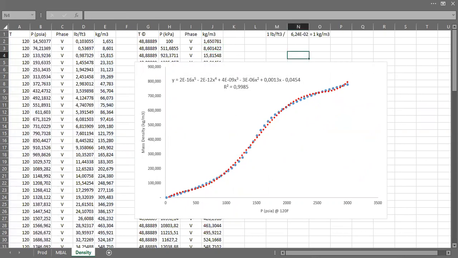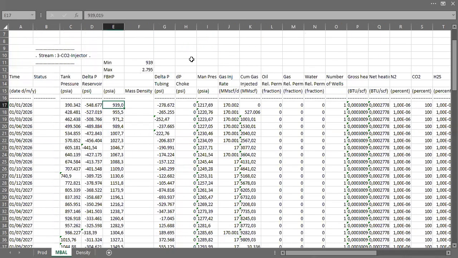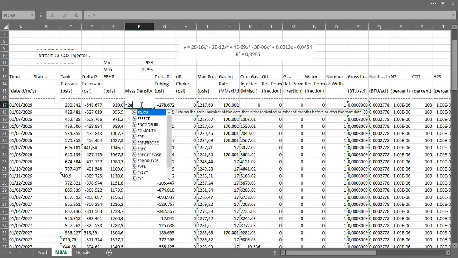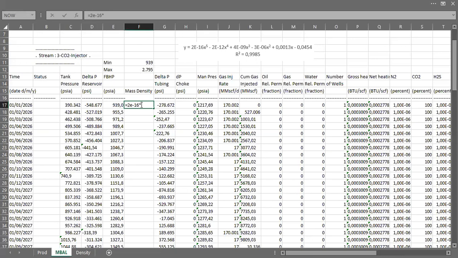Okay. And I will copy the picture and then go to Word, for example, here. So now the mass density is 2E, like this, multiplied by pressure, powered by 5.